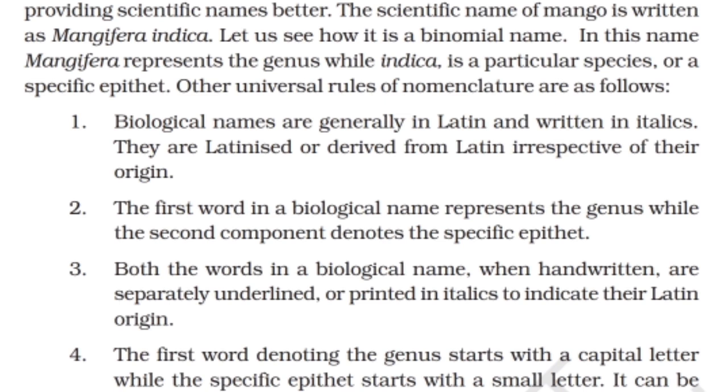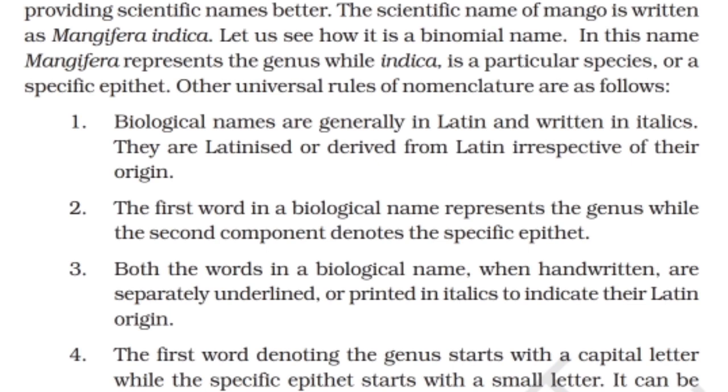Number 3. Both words in the biological name, when handwritten, are separately underlined, or printed in italics to indicate their Latin origin. Number 4. The first word denoting the genus starts with a capital letter, while the specific epithet starts with a small letter.